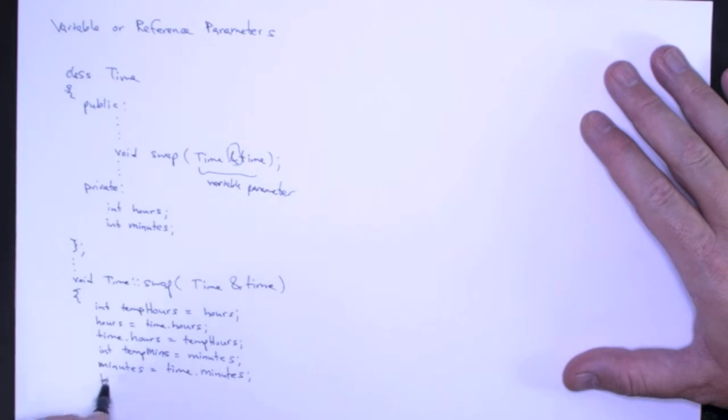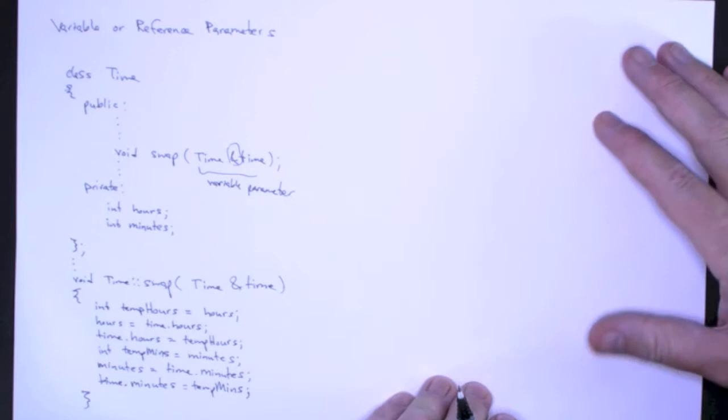And then I'm going to take the value in temp minutes, just like that. So that's my little swap method.